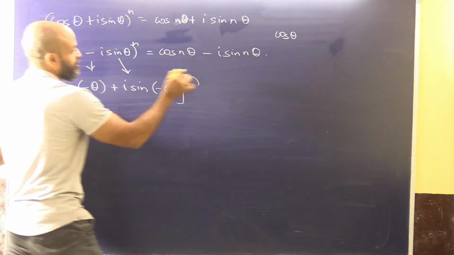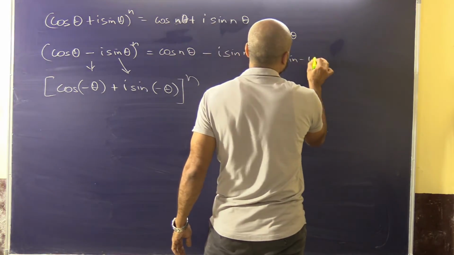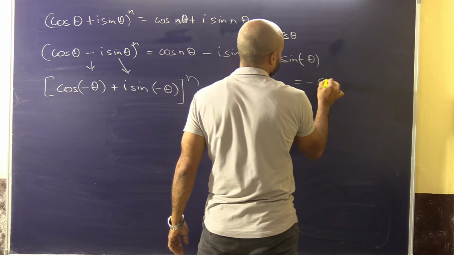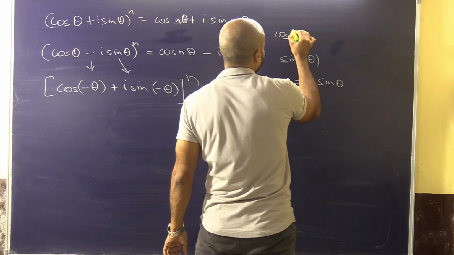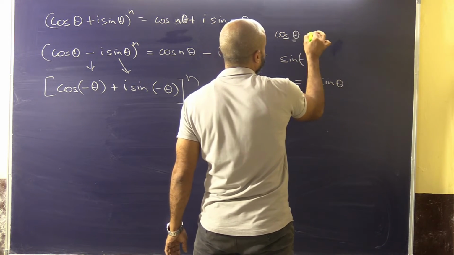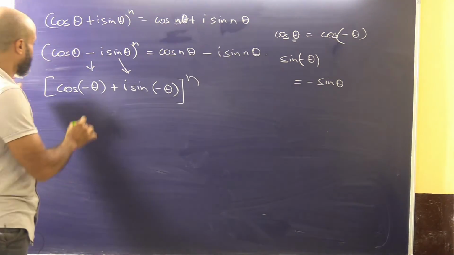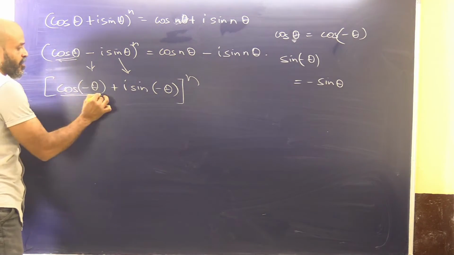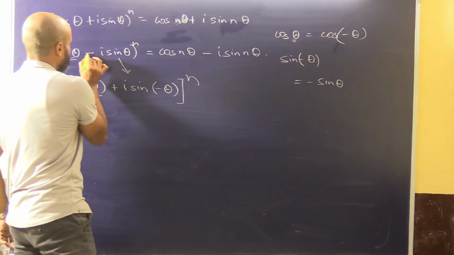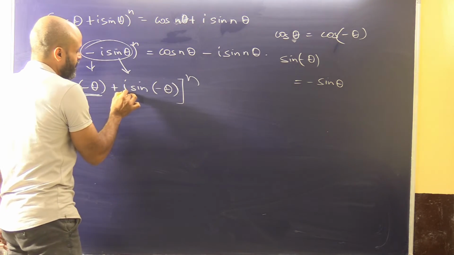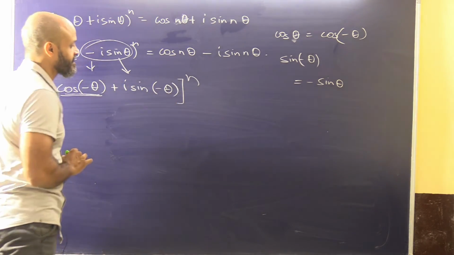See, sin of minus theta is minus sin theta, and cos theta is equal to cos minus theta. So here we are putting cos theta, this is the same as cos minus theta, and since this is minus I sin theta, we can write plus I sin minus theta.